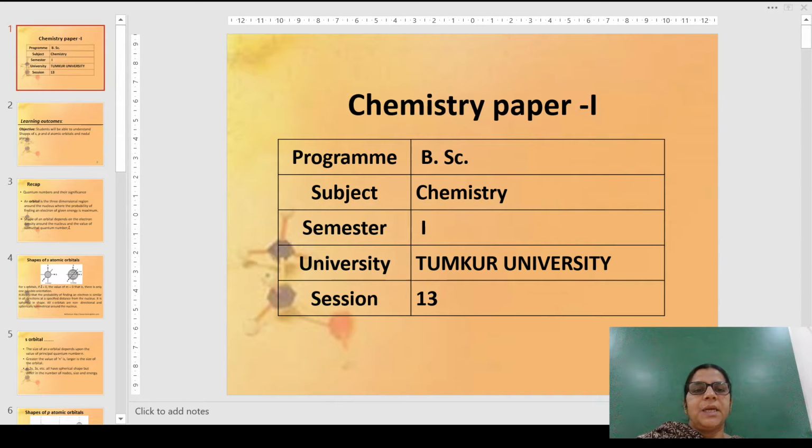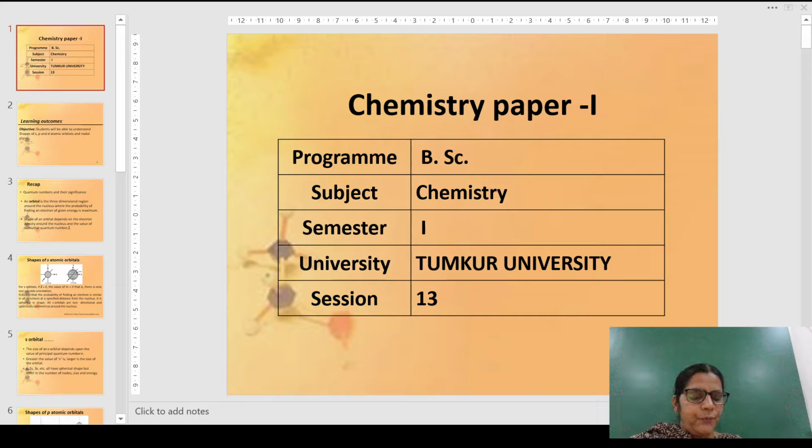The size of the s orbital depends upon the value of principal quantum number, just as I told you. So this is the 1s orbital and this is 2s. In the 2s orbital, we have this as 1s, and this is the region where the probability of finding the electron is maximum, that is 2s.